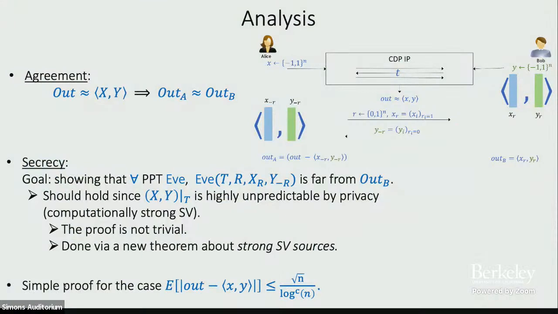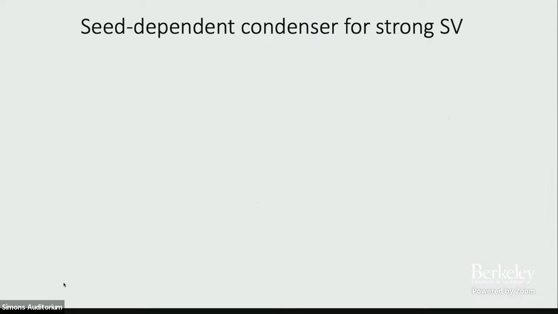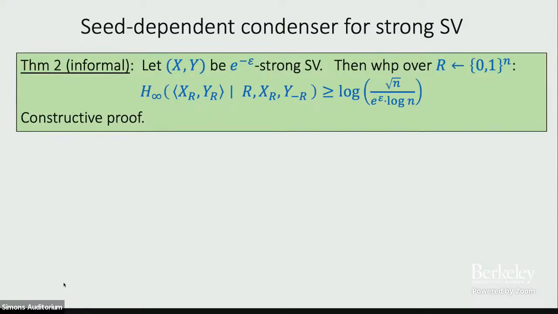To prove this lower bound, we get a new theorem about strong Santha-Vazirani sources, and the theorem is a CRS-dependent condenser for strong Santha-Vazirani sources. We proved that if X and Y are strong Santha-Vazirani sources, and we choose a seed R uniformly at random, and then we look at the inner product between X_R and Y_R, then this inner product has min-entropy larger than square root of n over log n, even if we see the seed R and some leakage about X and Y, so we also get X_R and Y_minus_R.